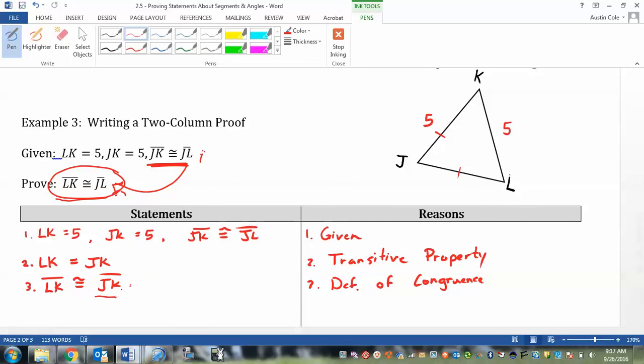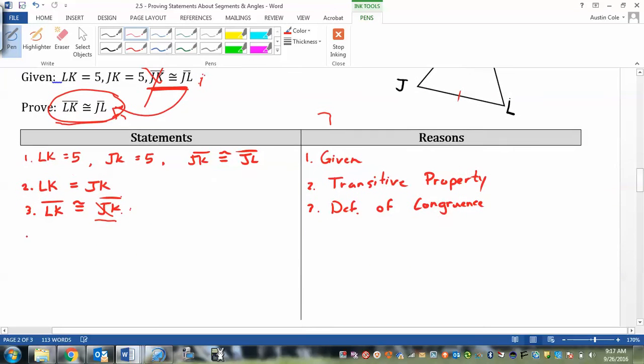We're using this statement that says JK is congruent to JL. So then we can say that LK is congruent to JL based upon the transitive property. Get the middle guy out, essentially. So I can say that segment LK is congruent to segment JL from the transitive property.